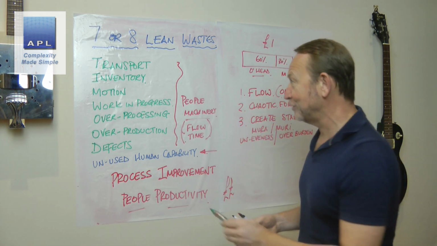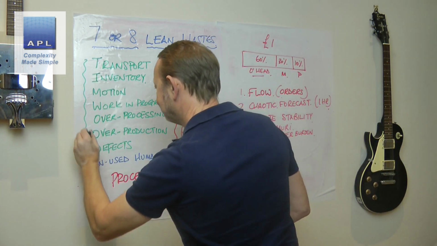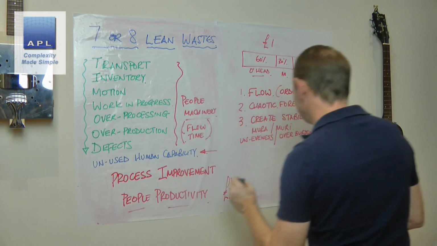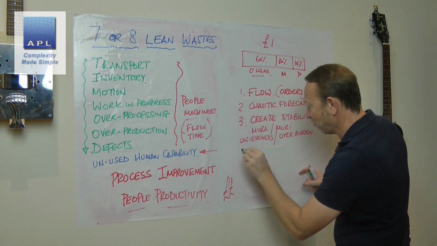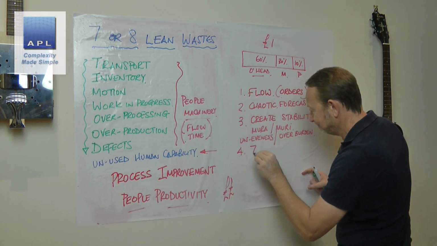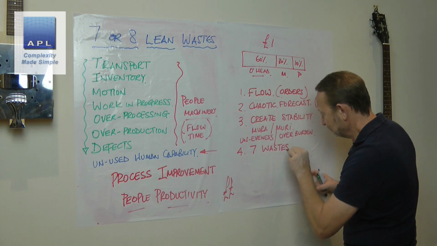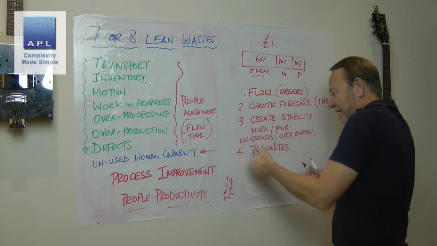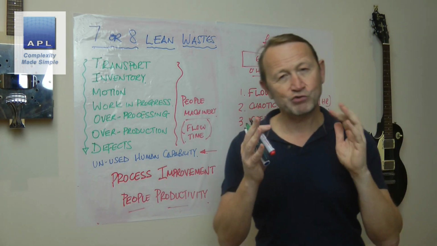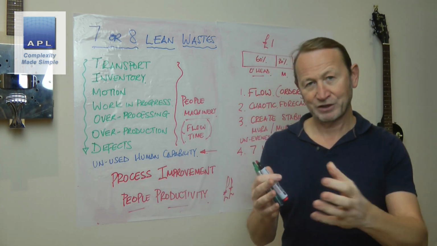Now what are we turning to? Now we turn to the 7 wastes. Okay, and now we spend time. And by the way, this is relatively easy to do at this point.